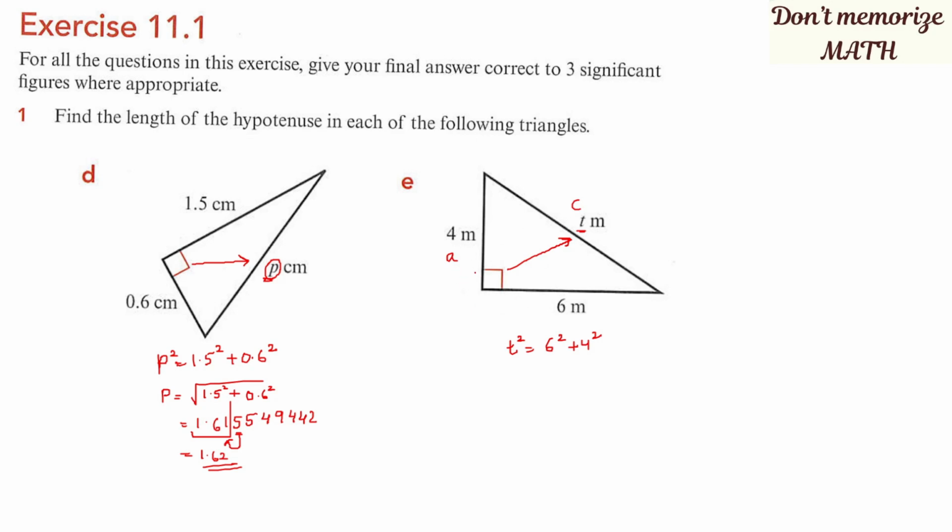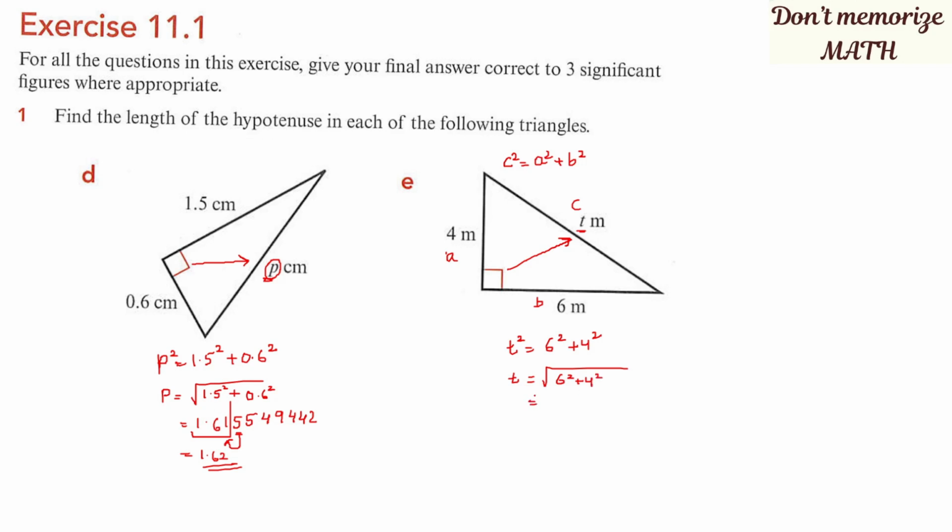You can take anything as a and b, this one a and this one b, no problem. One must be a and the other must be b. Pythagoras theorem says c squared is equal to a squared plus b squared. So t will be equal to the square root of 6 squared plus 4 squared.